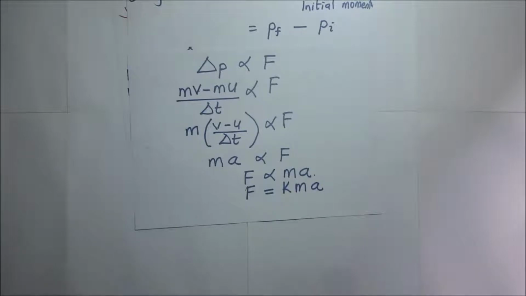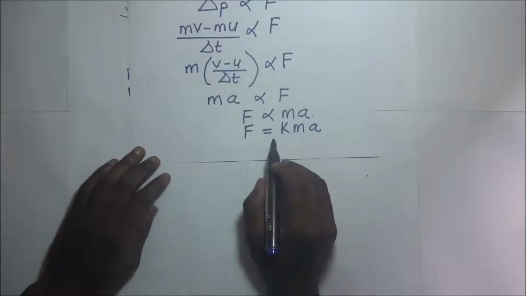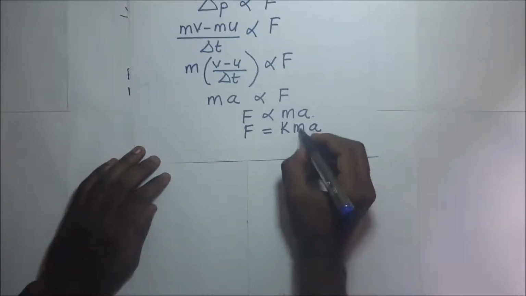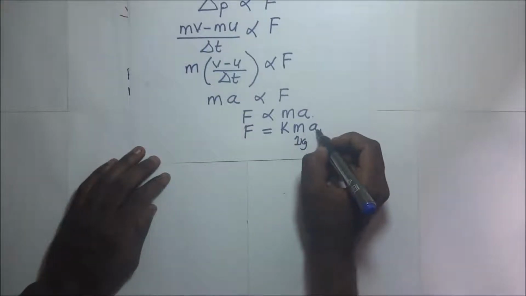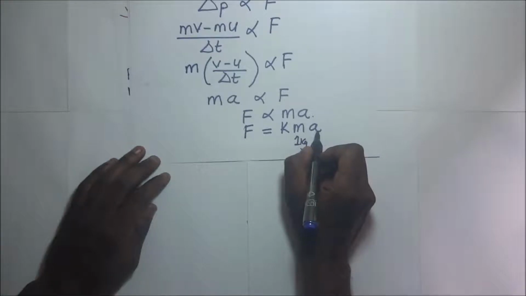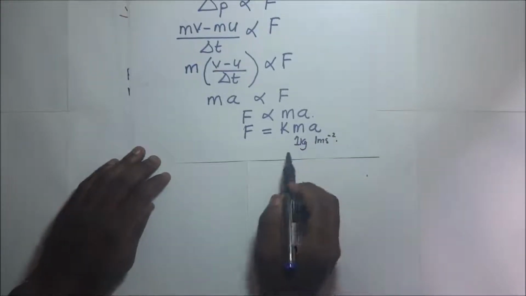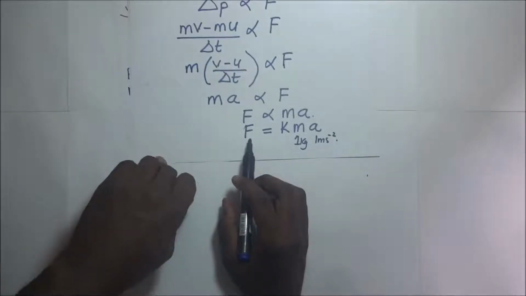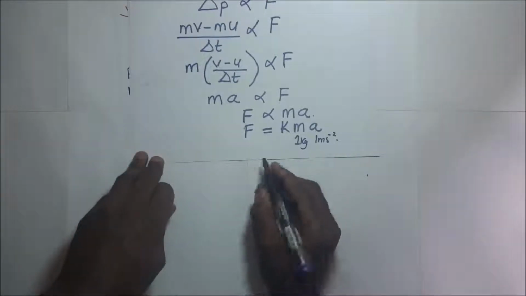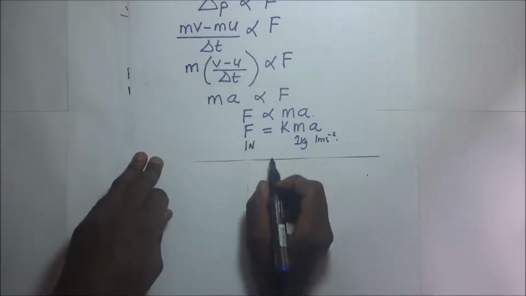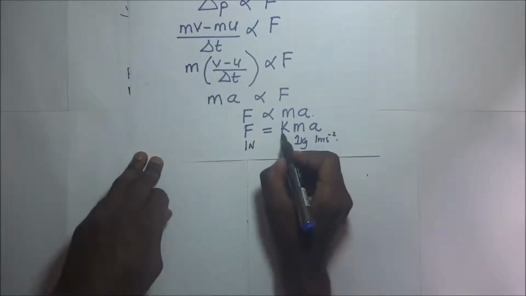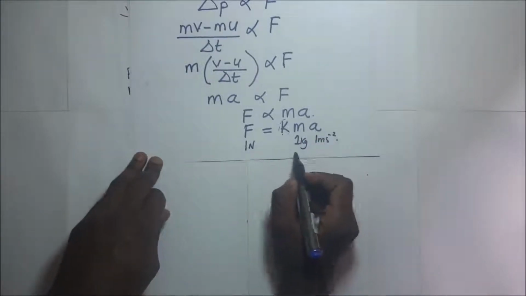Now, to eliminate that constant, k, if the mass that is moving is 1 kilogram, and it is moving at an acceleration of 1 meter per second squared, and the force being applied is 1 Newton, it means our value of k will be equal to 1.